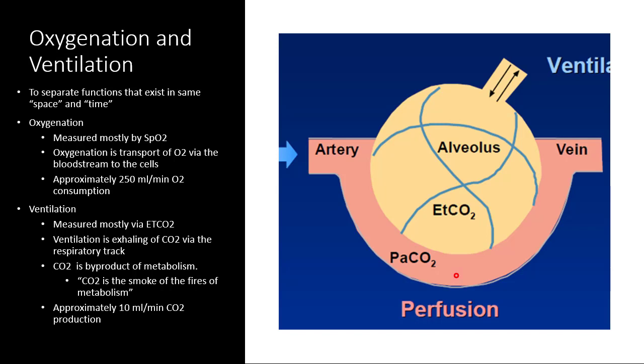The opposite is also true. You have a higher concentration of PaCO2, of CO2 coming from the body over here, and it wants to equalize across passive diffusion and dump CO2 in the alveoli to be eventually washed out with the next breath.